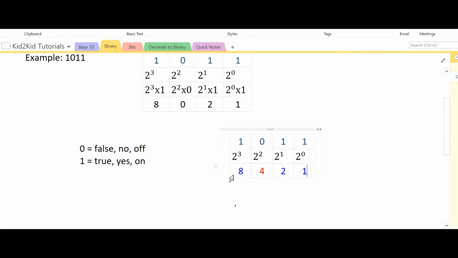But since we have a 1 over 2 to the power of 3, we use that, and 2 to the power of 3 equals 8. So now we sum up the numbers with the 1 over them. So we have 8 plus 2 plus 1, and that equals 11. So now we converted that binary number into the decimal system.